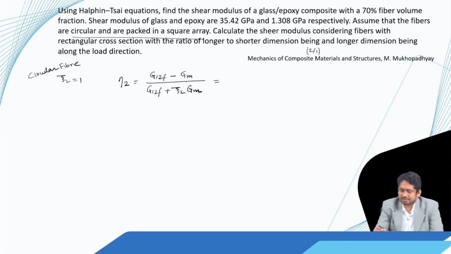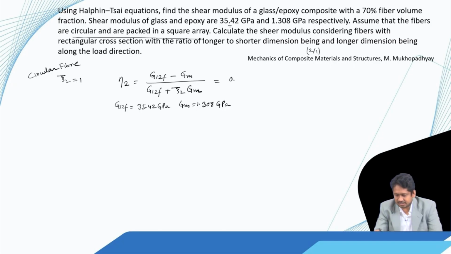So, we are already given G 12 f, which is 35.42 GPa, and G m is 1.308 GPa. If that is the case, then eta 2 becomes 0.9288.